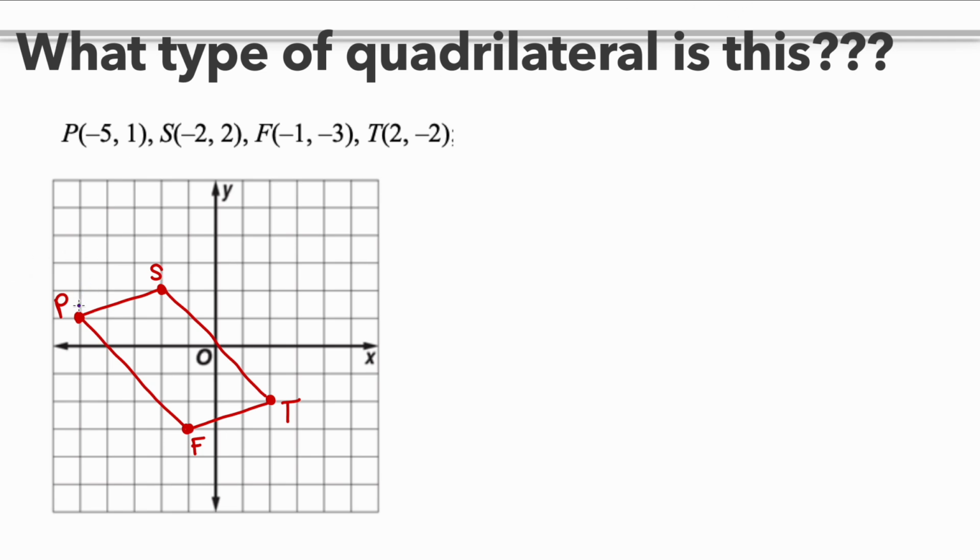If I was to go from P to S, I would go up 1 and over 3. So that would be the slope. If I was to go from F to T, I would go up 1 and over 3, which means since they have the same slope, we know that they are parallel.